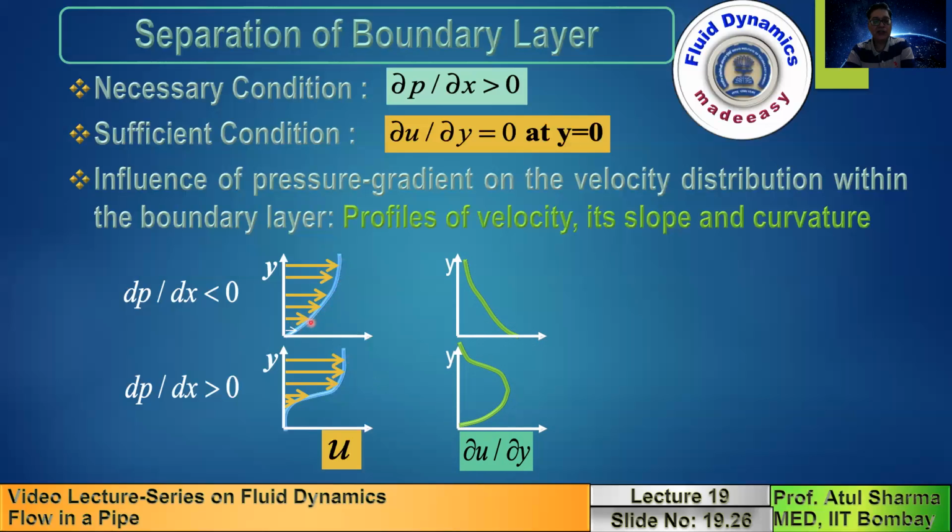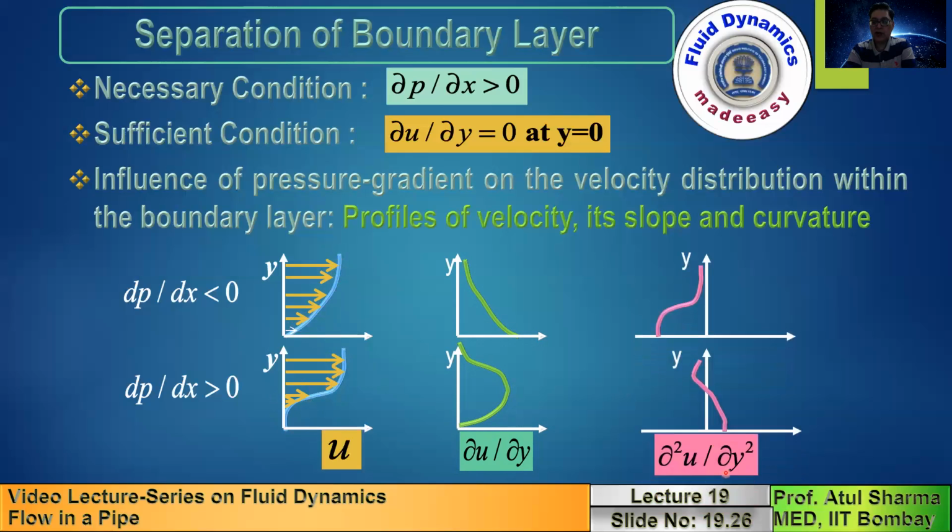If you compare the curvature, you can see that in the favorable case it is monotonic. It is always negative. But in the adverse case, near the bottom wall you have a positive curvature, and above you have a negative curvature. So if I plot curvature, del square u by del y square, for favorable pressure gradient, the curvature is always negative.